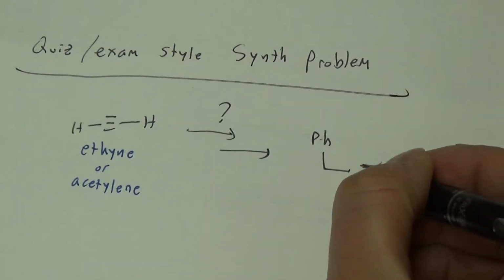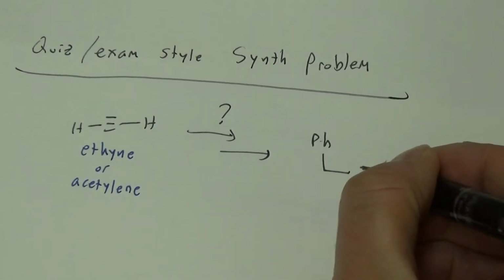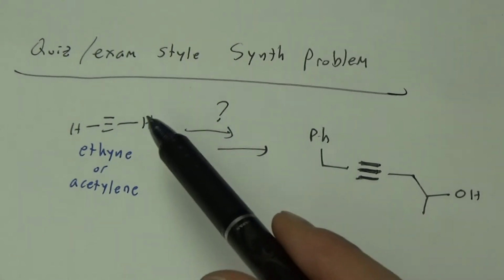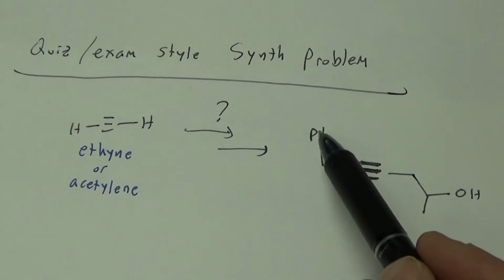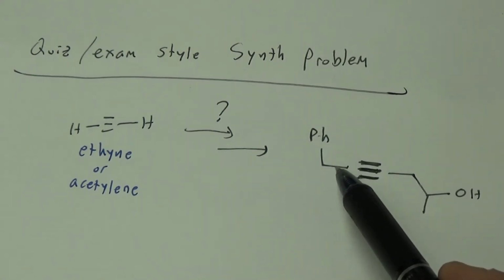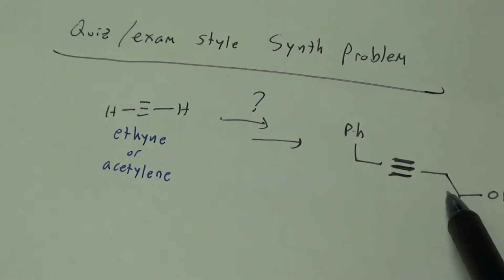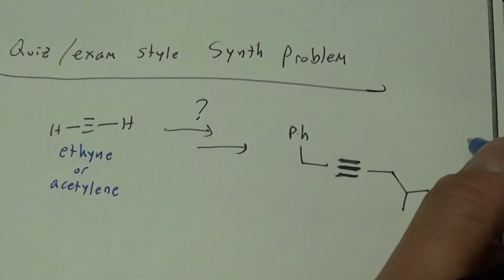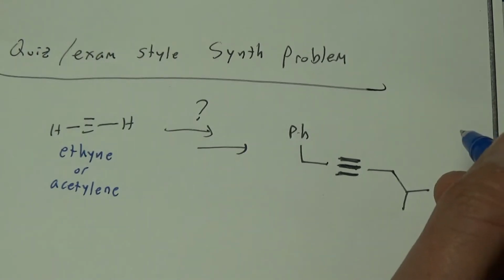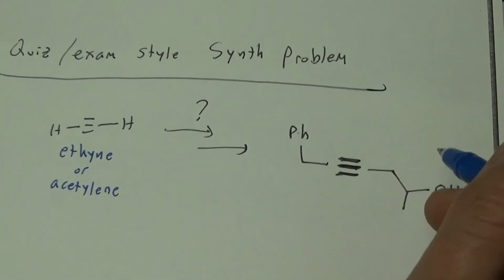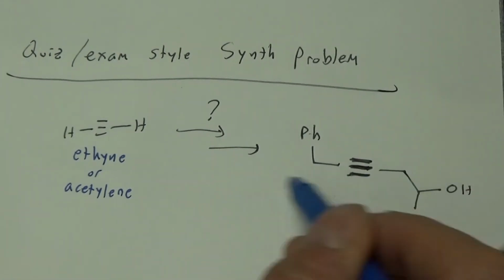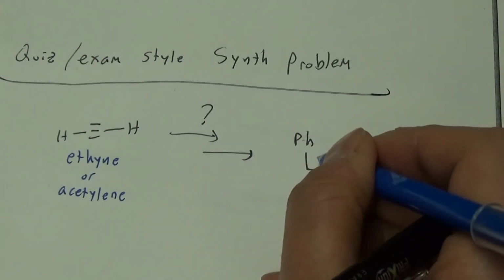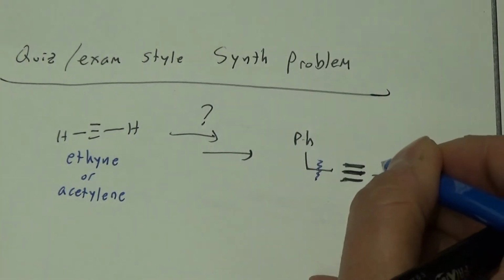Remember, you need to be able to understand the structure of this and what carbons are there. Well, there's 2 there. Ignoring the benzene, it's like 1, 2, 3, 4, 5, 6, right? 6 carbons. So when I do a synthesis, I look at the product and I look at the starting material and I think about squiggly lines. Draw some squigglies. Well, here's a squiggly and here's a squiggly.